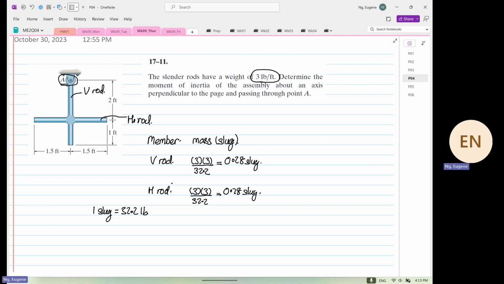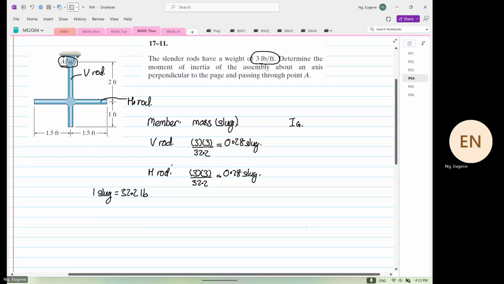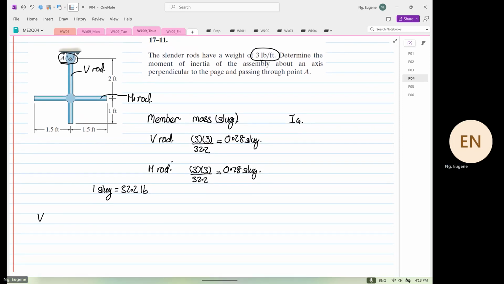Now, the next thing that we're going to calculate is the IG. For the vertical rod, we have a rod like this, and point A is at the top.